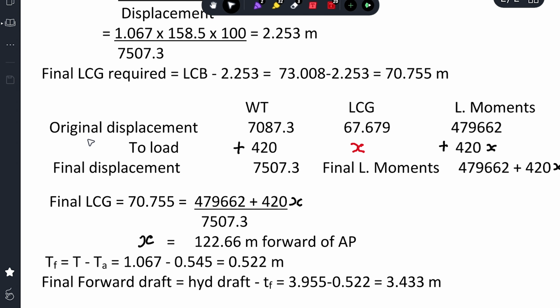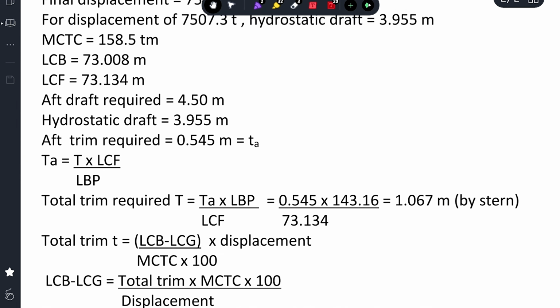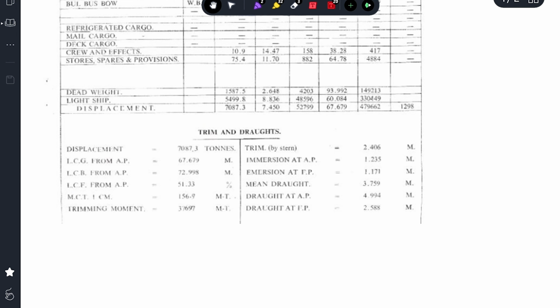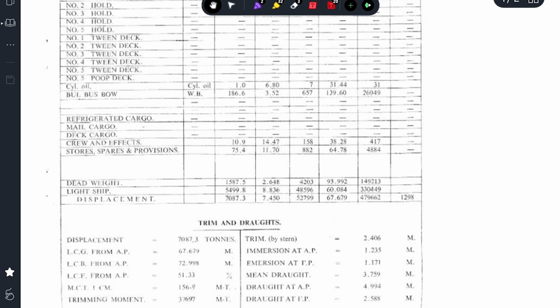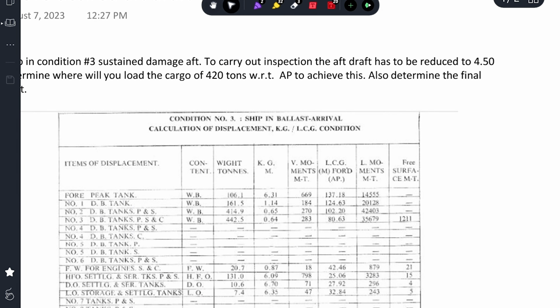Okay, original displacement, I put weight, LCG, and longitudinal moments. Original displacement straight from condition number 3, all these three values. Original displacement of condition number 3 is 7087.3, LCG 67.679, longitudinal moment 479662. This you must take straight from the condition, because condition number 3 is the initial condition, and you can see here this is condition number 3, and there are two columns here, LCG and longitudinal moments.